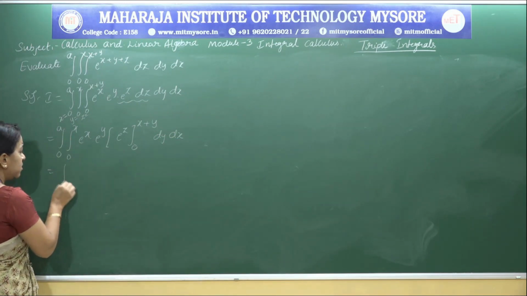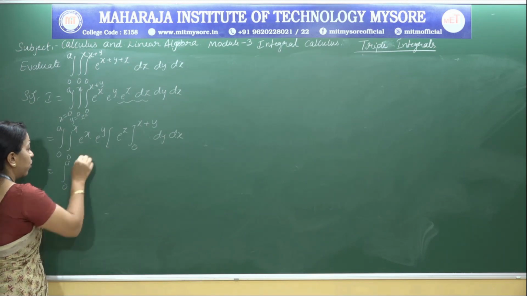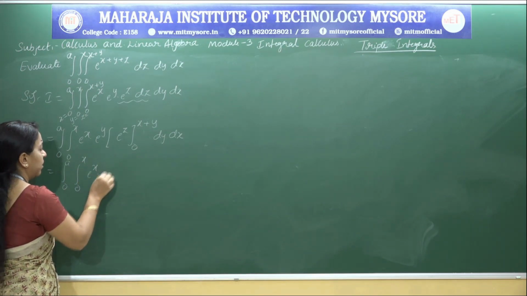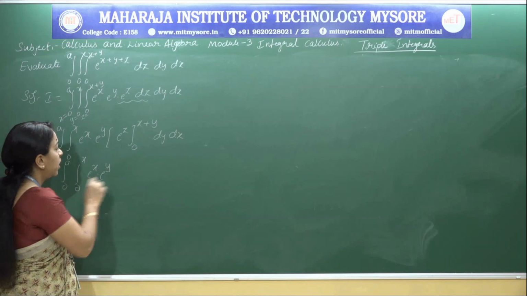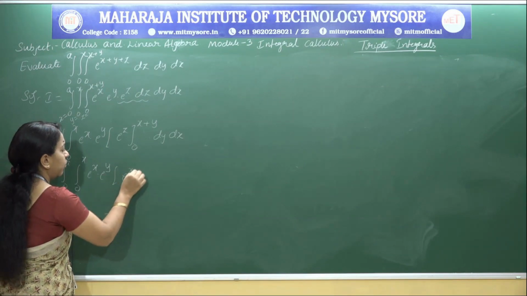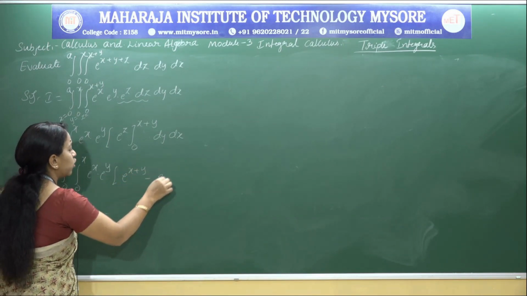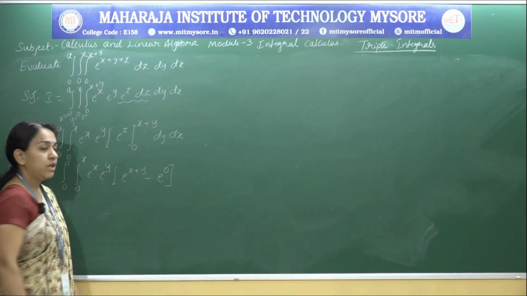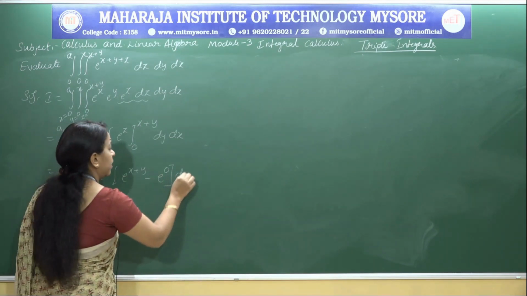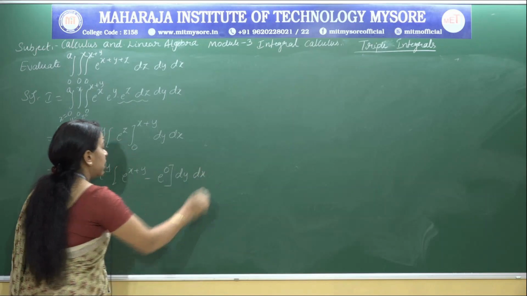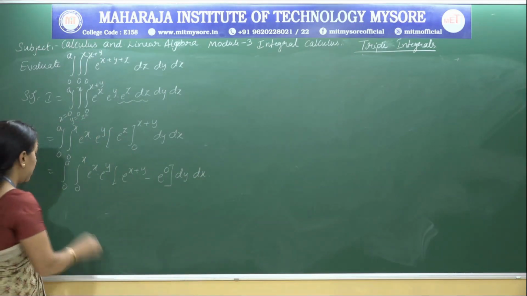Now apply the limit. Integral 0 to a, 0 to x, e power x into e power y remains as it is. Upper limit is e to the power of x plus y minus lower limit e power 0, dy dx. Now simplify and then integrate.